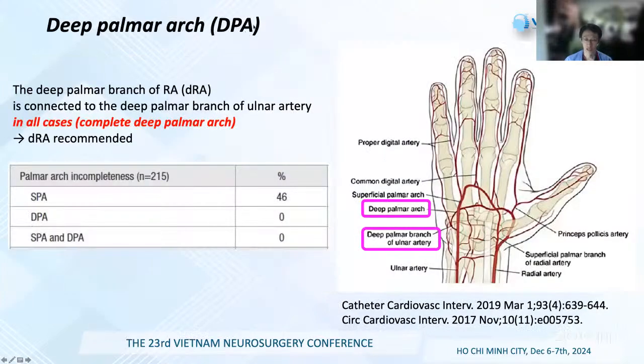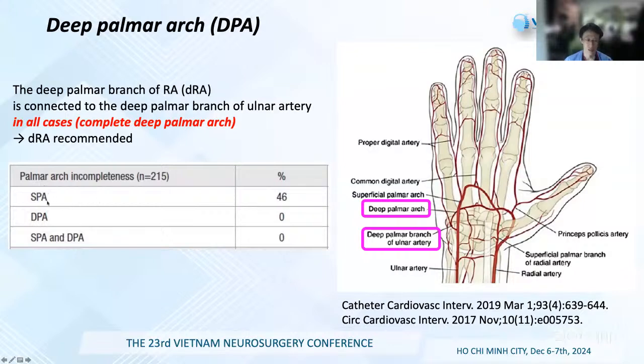So this is the paper about the deep palmar arch of the radial artery. In this study, they investigated the palmar arches, the superficial side and the deep side.